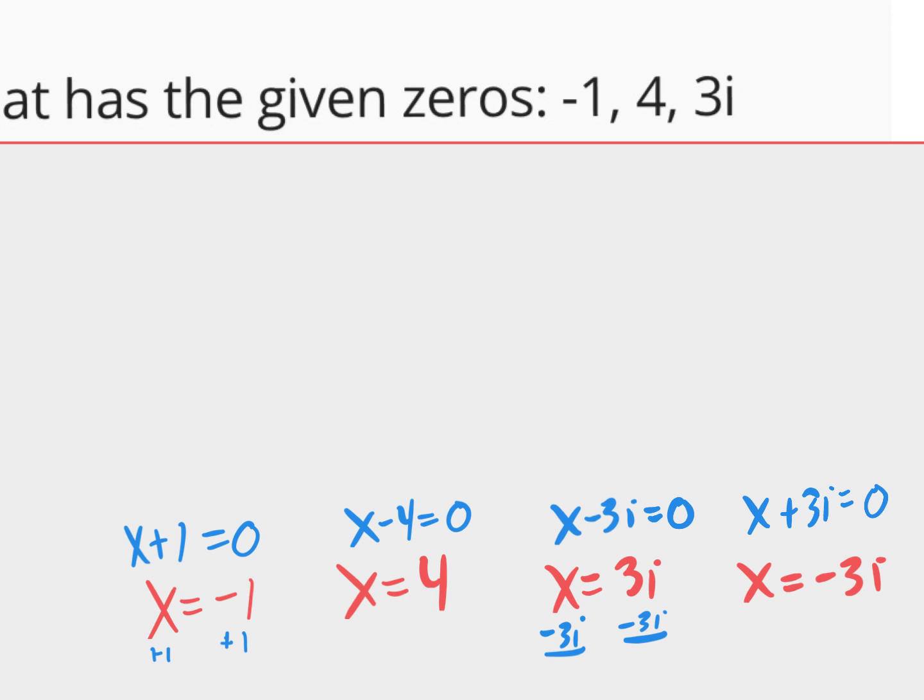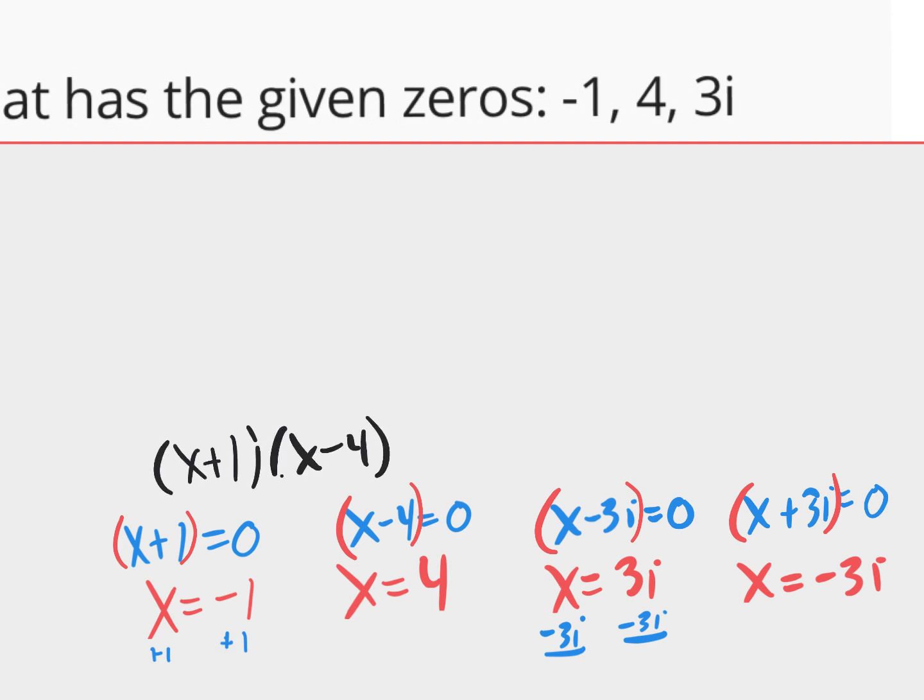So now we're going to take these binomials and we're going to put them together using zero product property backwards. And we're going to end up with, this is a long process, x plus 1 times x minus 4, and then times the x minus 3i times x plus 3i, right?